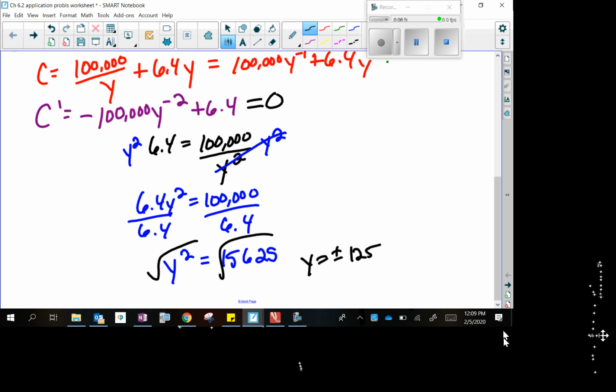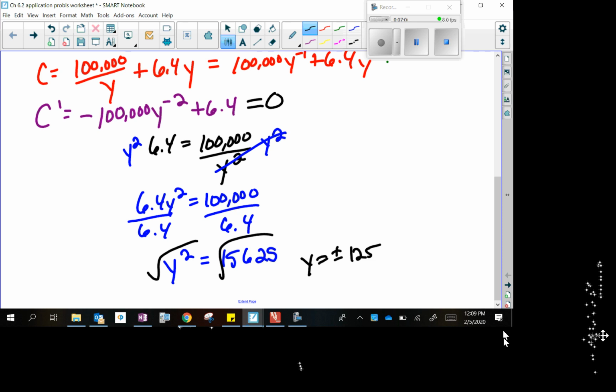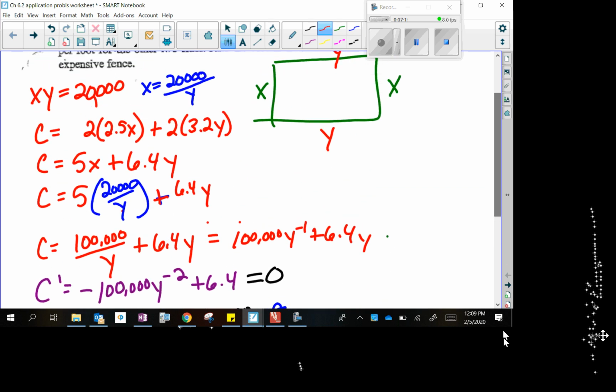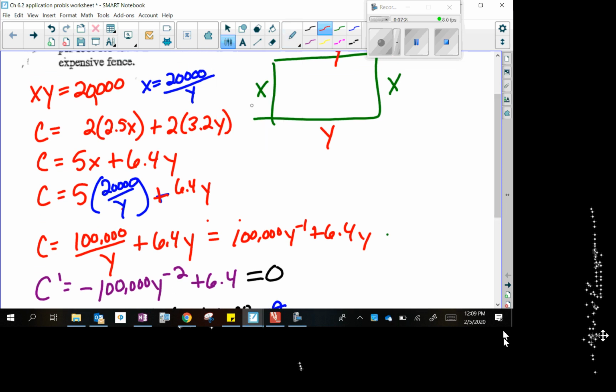Do we need to worry about negative 125? No, because these represent measurements, so we just want the positive 125. If y equals 125, how do we find x? Plug it into the original equation, the equation that we had with a value on it. If you look at this equation, it's already set up to equal x.